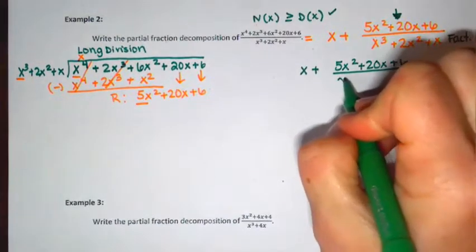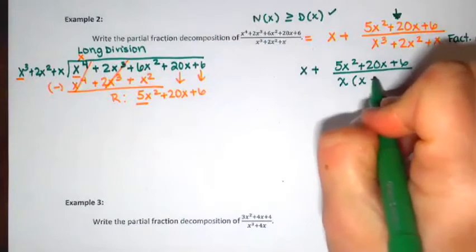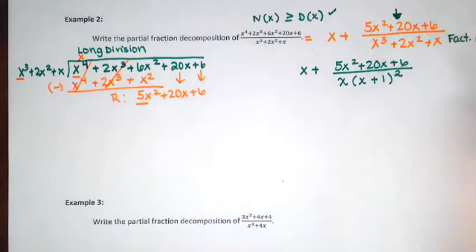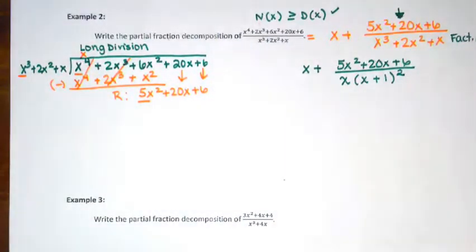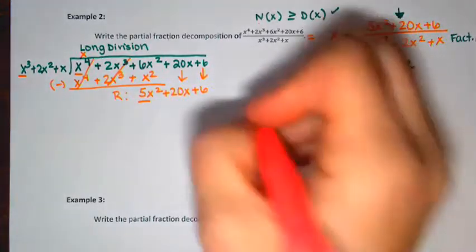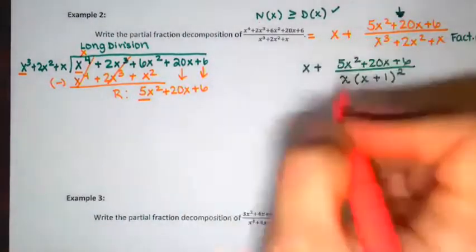You guys get x times x plus 1 squared? Is that what you guys got? If not, let me know. So now, to write our partial fraction, let's look at this.